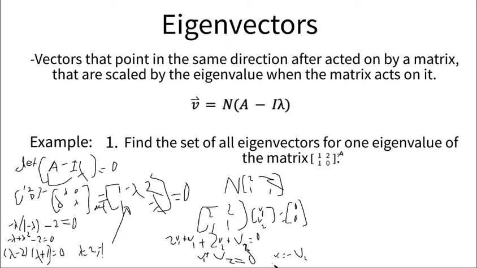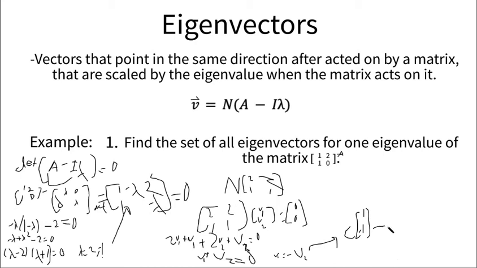We want to find the set of all vectors that obey this, where the top component equals the negative bottom component, or vice versa, v2 equals negative v1. And so we can write this as any vector where it's some c, which is just a scalar, any scalar times 1, -1. Or this could be -1, 1. Either way. Any scalar times this vector would give us a vector that obeys this.